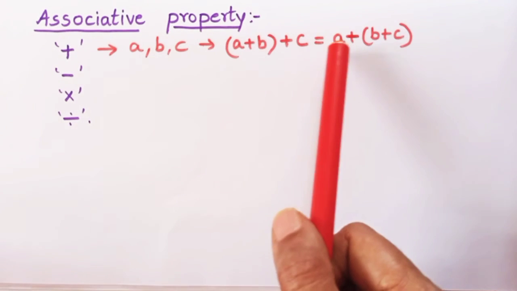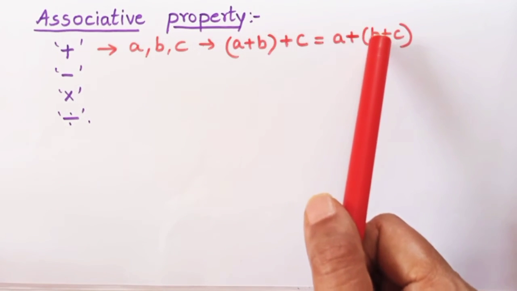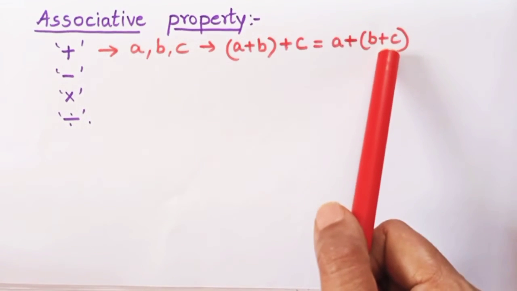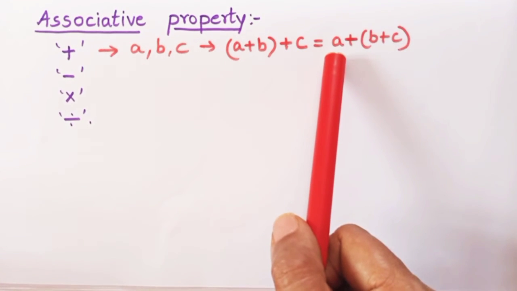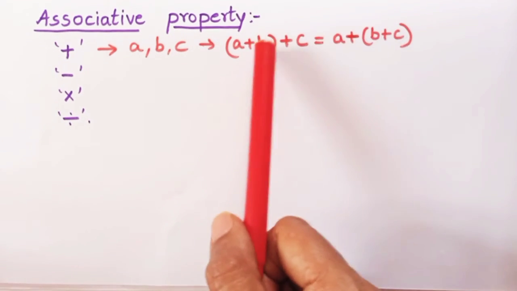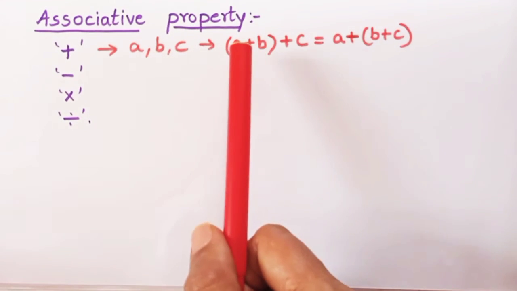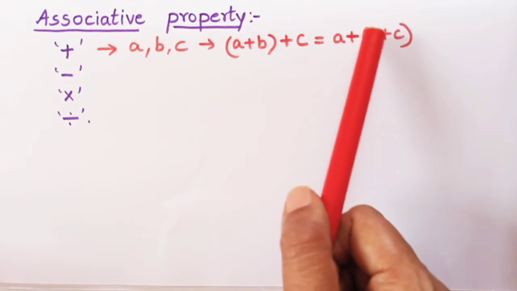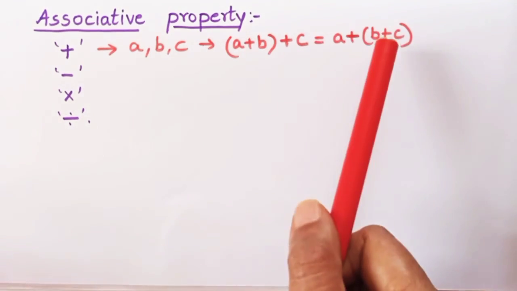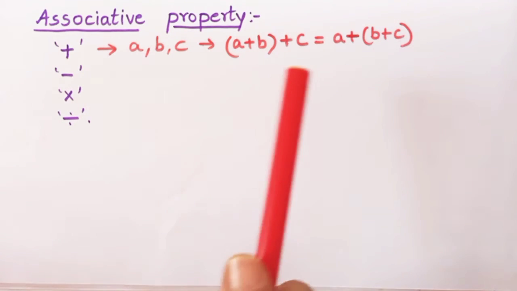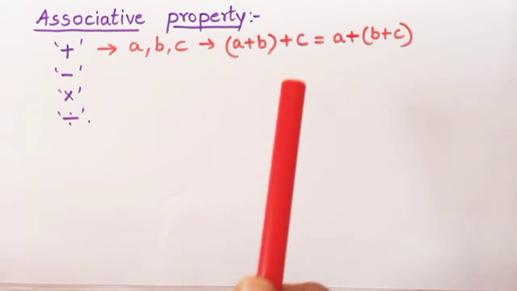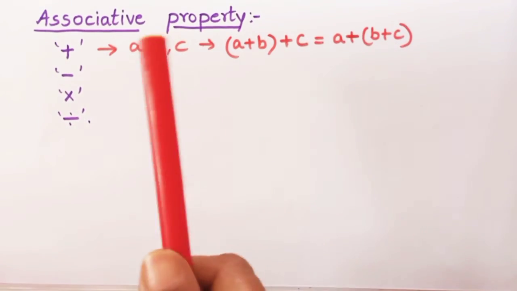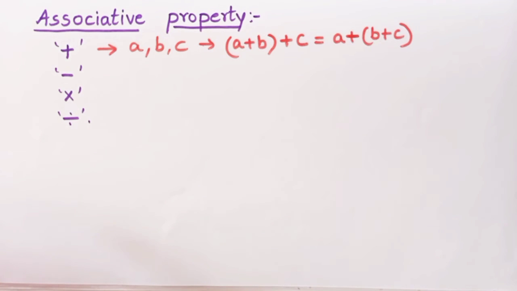Whereas in the second case, firstly we are associating B and C with the operator plus, and then the whole result will be added to A. Even though we associate them in various orders, if the result is the same, we say that addition is associative. The same thing holds good for checking whole numbers, integers and our rational numbers also.